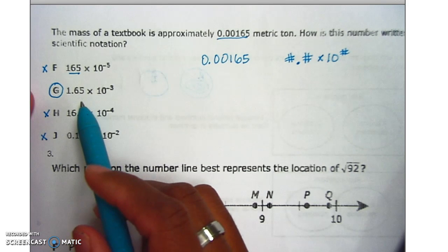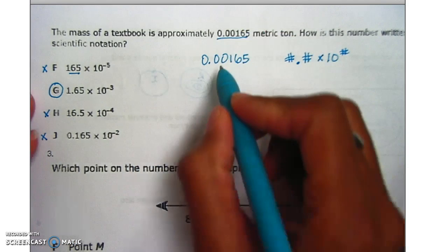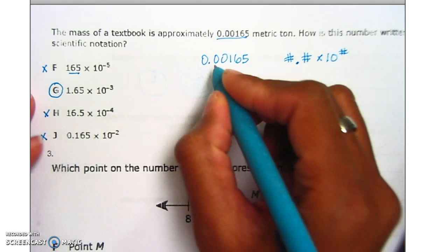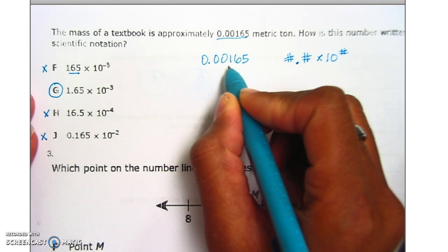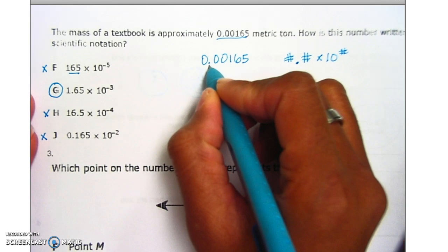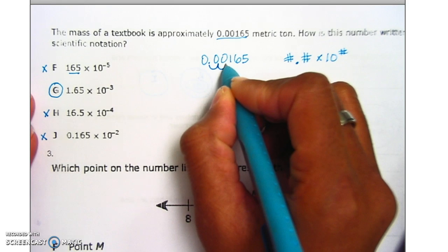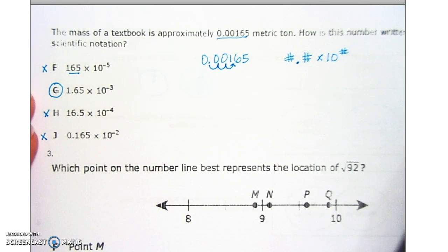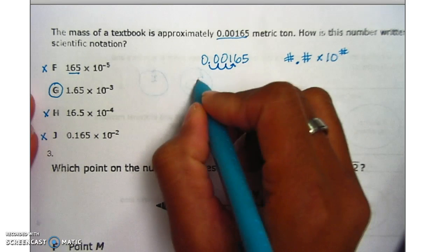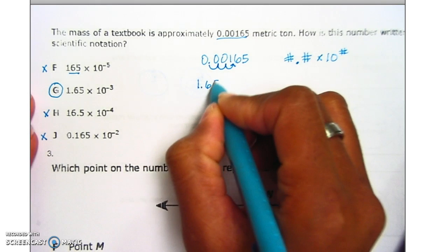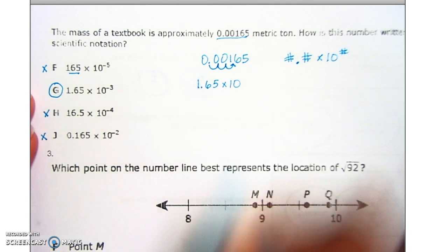Now, I still want to show you exactly how to do it. So we know that we have to move our decimal point to where it's between the first two numbers that are not 0. So our new number becomes 1.65 times 10.